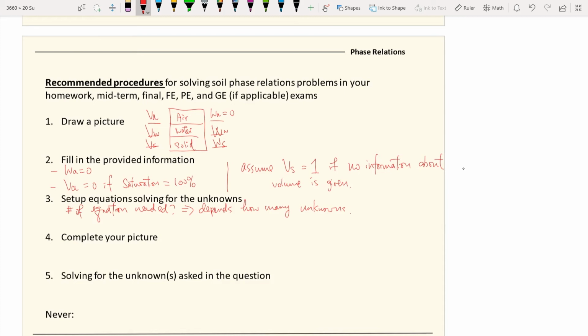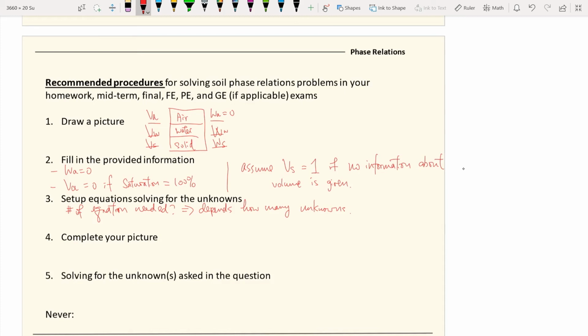Very likely the questions will give you some of the parameters, some of the unknowns, because in practice it's measurements that we can make either in the field or in the lab. So you may take care of the weight of the solid, or you may take care of the volume of the solid.